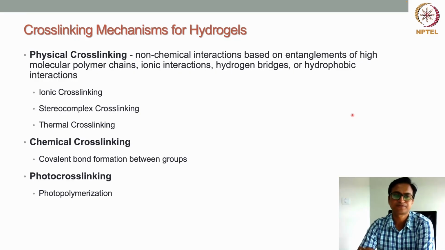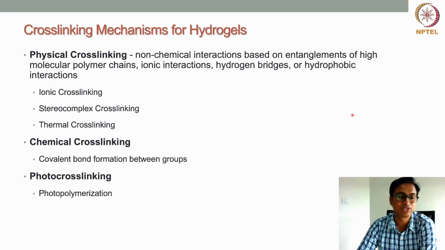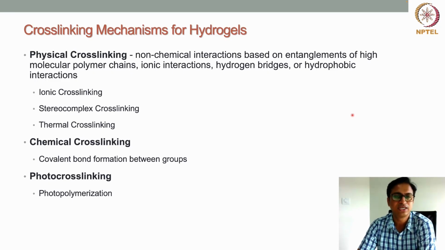That kind of thing can be utilized for inducing cross-linking within a hydrogel, right? If we can alter the non-chemical interaction within a polymer, then we can introduce gelation within the material.